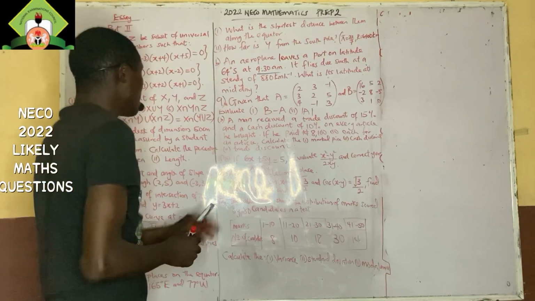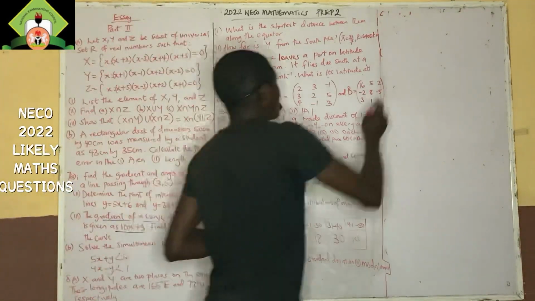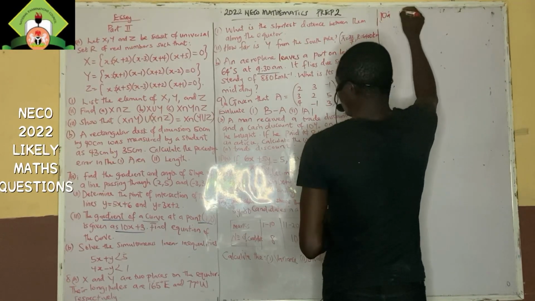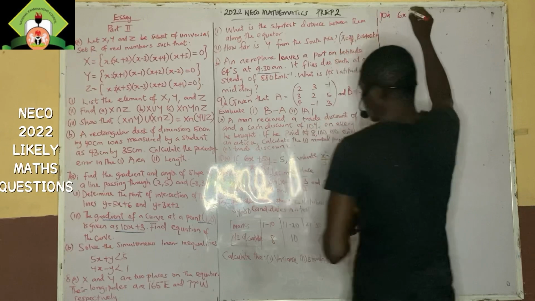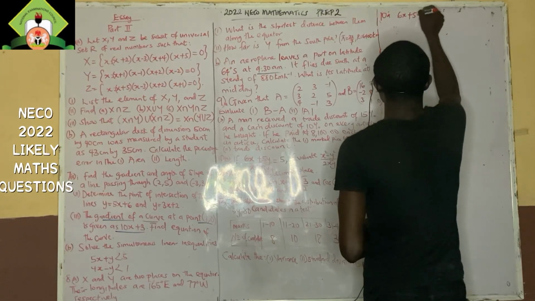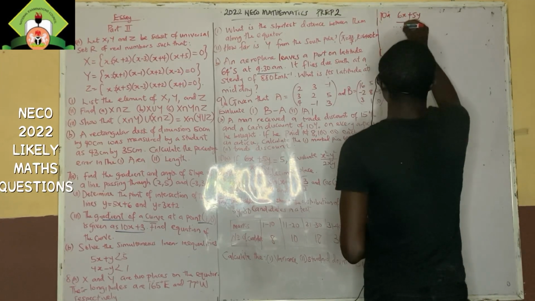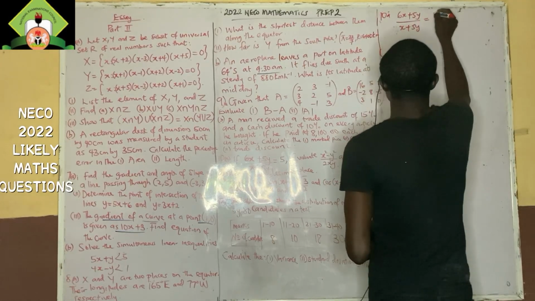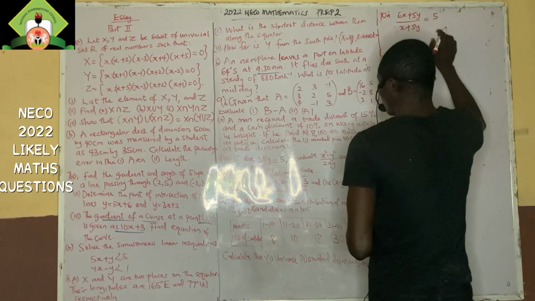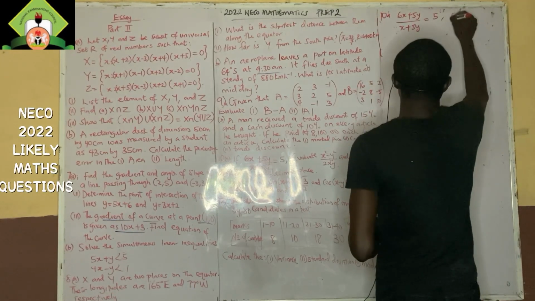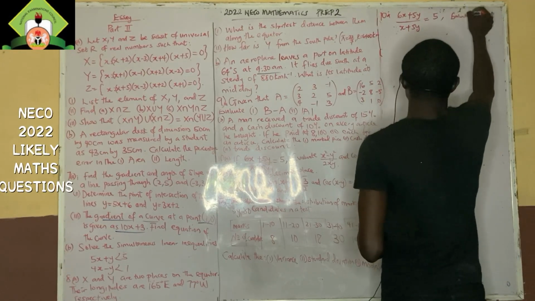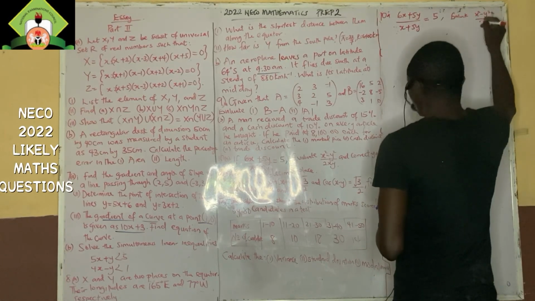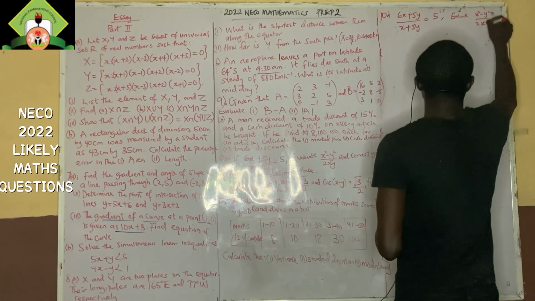Question number 10 says that if 6x plus 5y over x plus 5y equal to 5, we are now to use this to evaluate x squared minus y squared over 2xy.